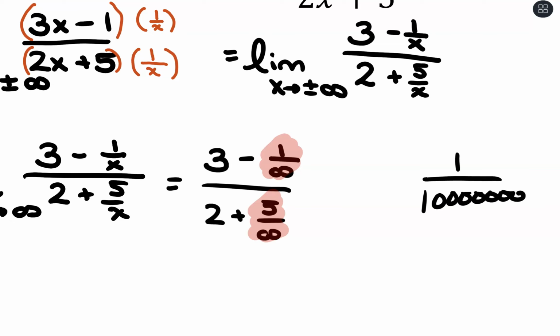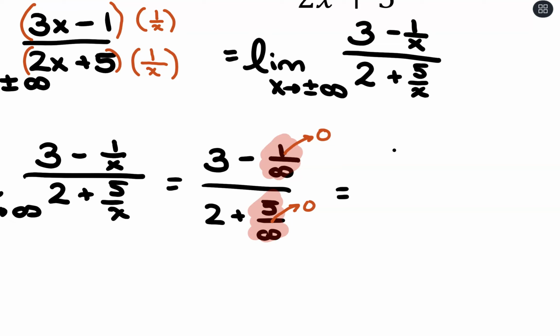As a fraction, that's super close to 0. And that's how we're going to write these two values: if infinity is in that denominator, that's going towards 0, and this is going towards 0 as well. So really, what I have is (3 - 0)/(2 + 0), for 3/2.